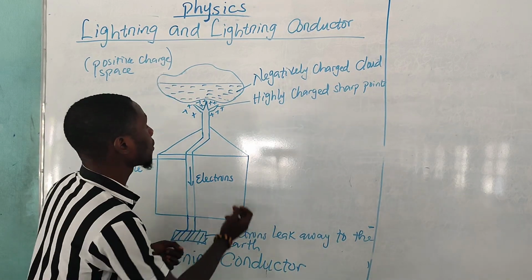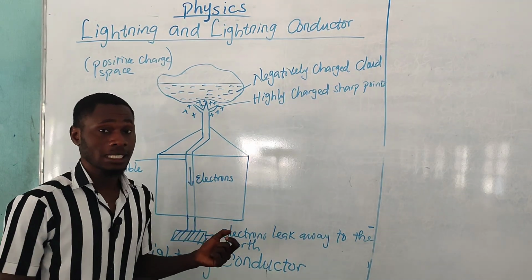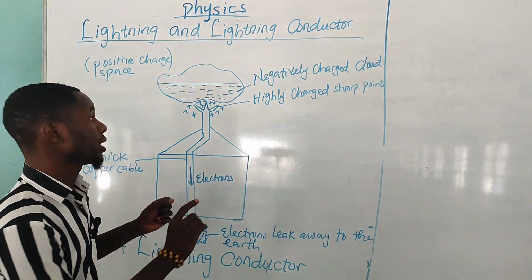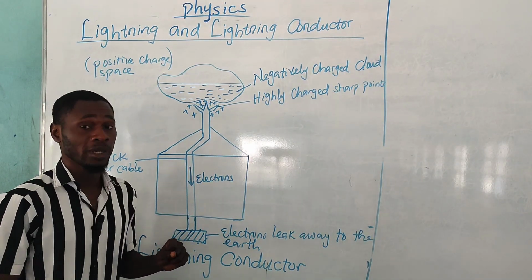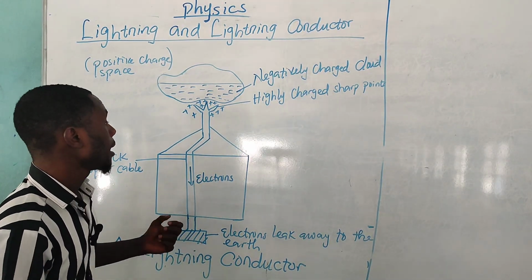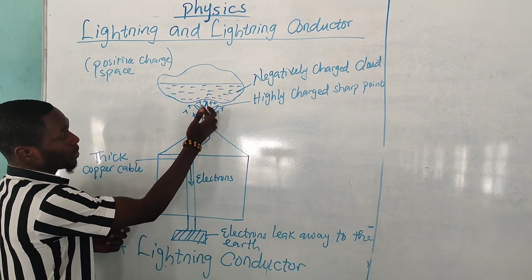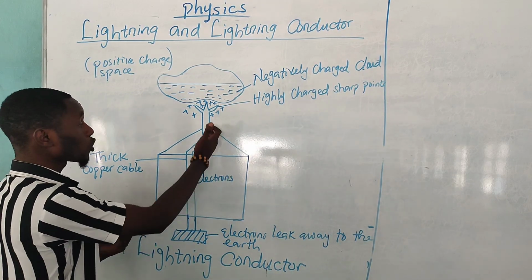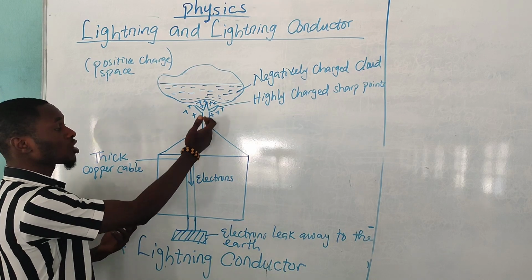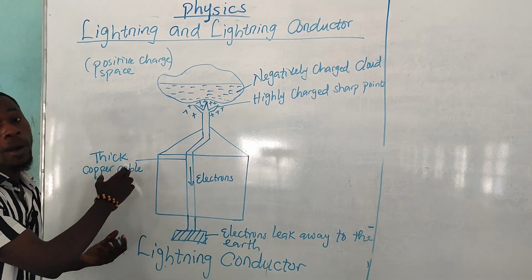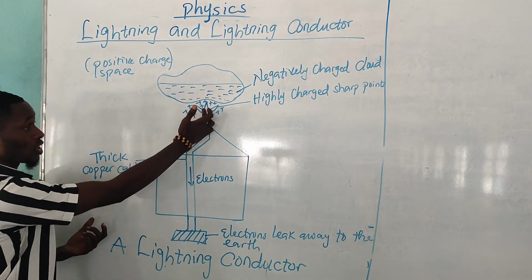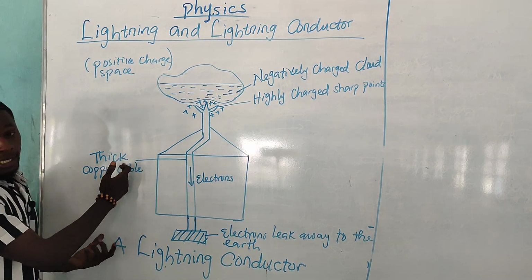So we say that it has a very pointed end, and it is pointed so that the charge density there will be very, very high, and it is normally made of copper. That sharp point is connected to a thick copper cable.